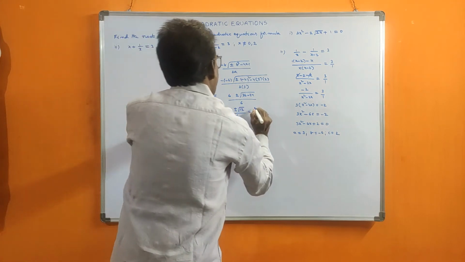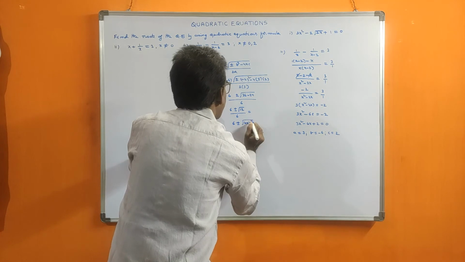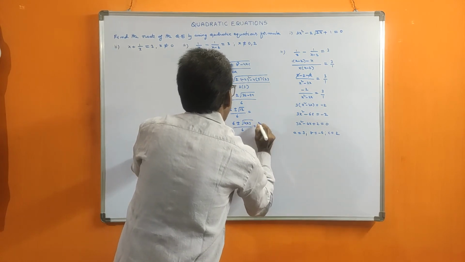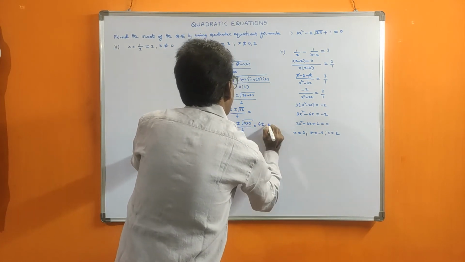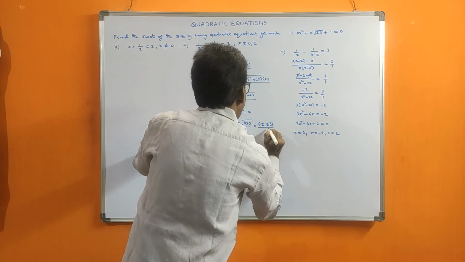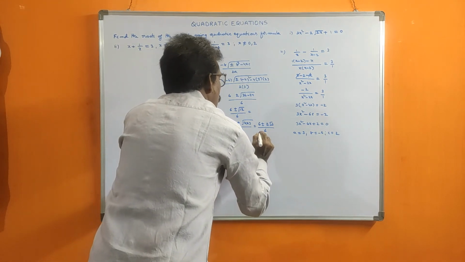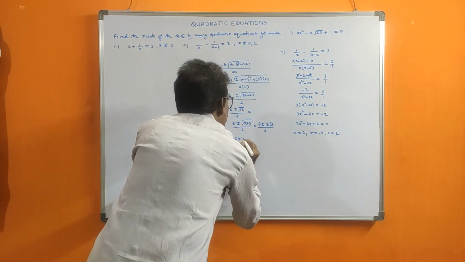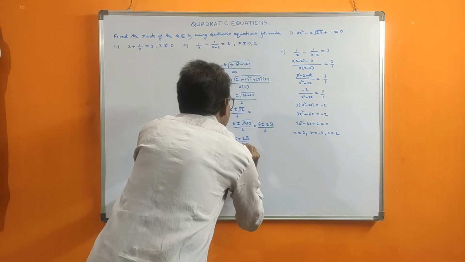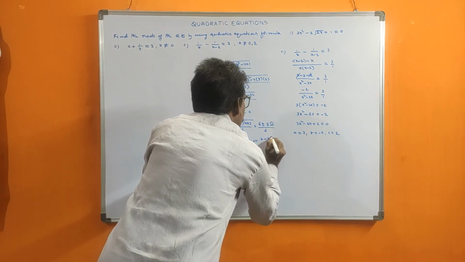Now this we can write 6 plus or minus root of 4 into 3, by 6. If you write like this, root 4 is 2, so 2 root 3 by 6. Now, so the values are 6 plus 2 root 3 by 6, or one time plus, one time minus.